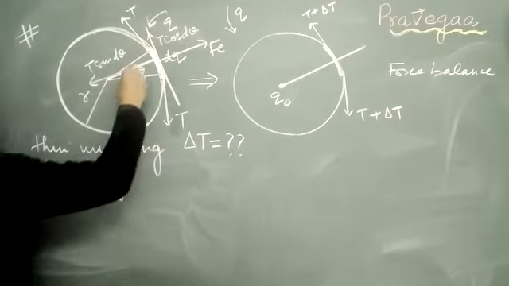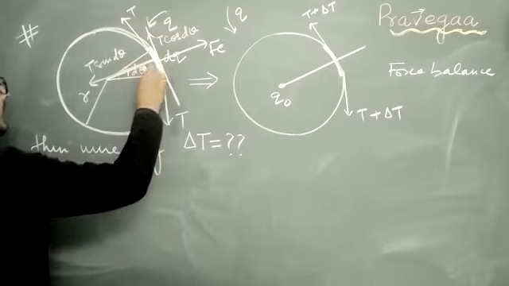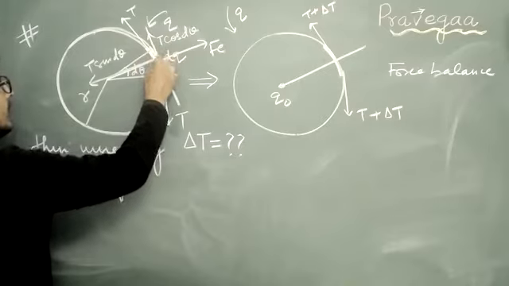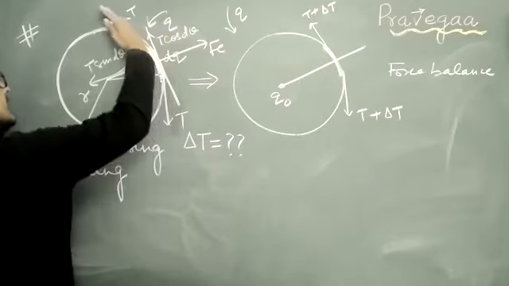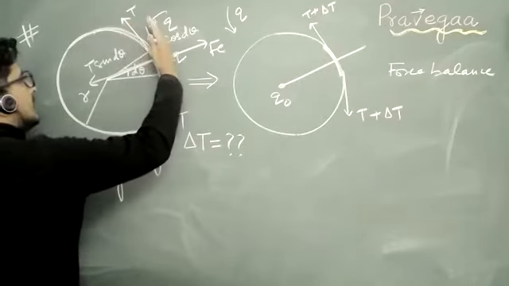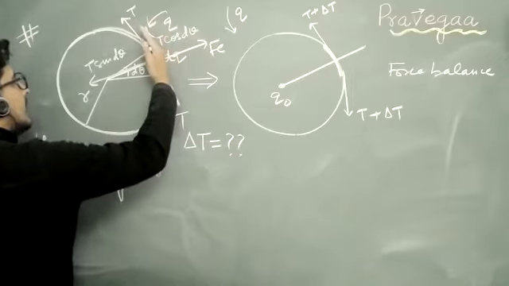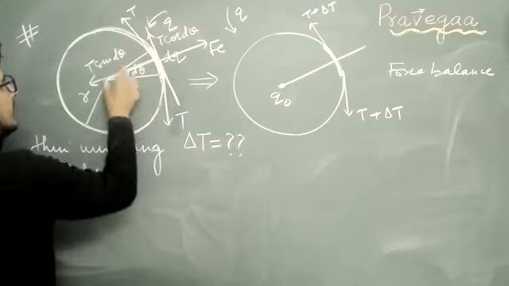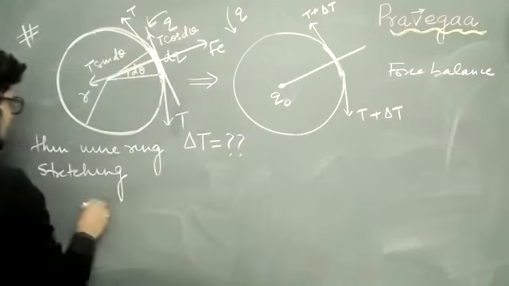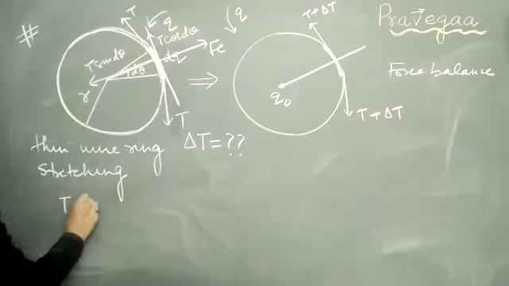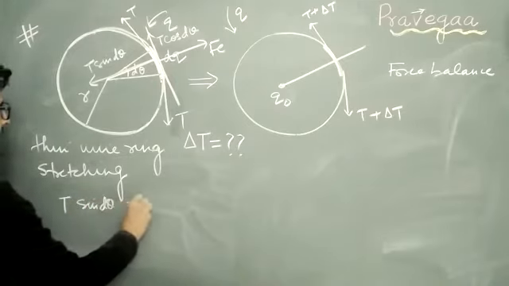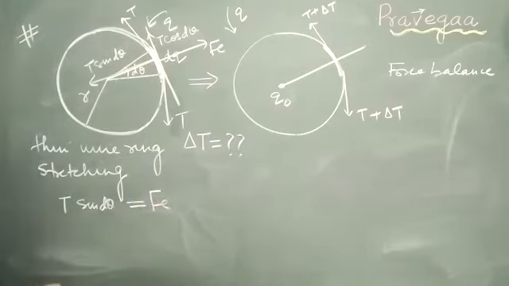So just try to understand, these two are small angles, and this is T. If I take component towards the angle, it will be T cos theta, and if I take it perpendicular to this, it will be T sin theta. So this T sin theta is balancing this force Fe.